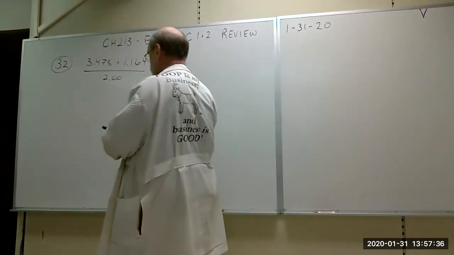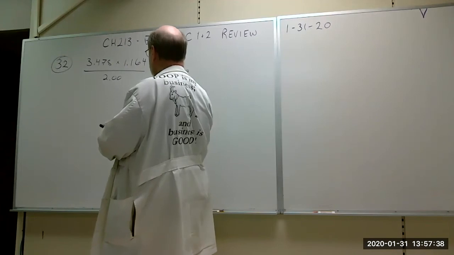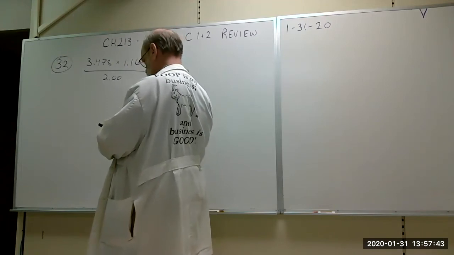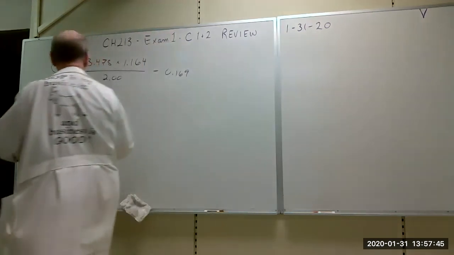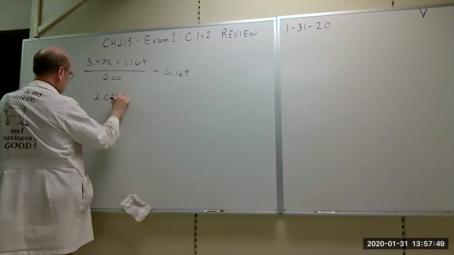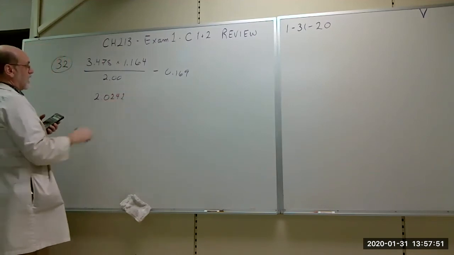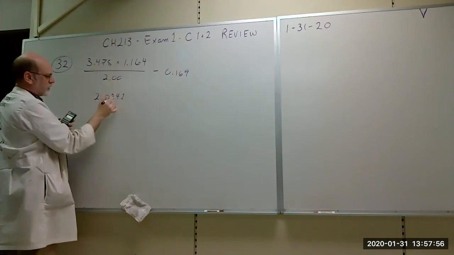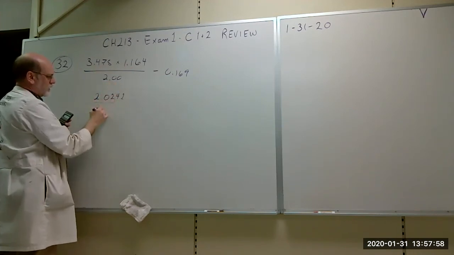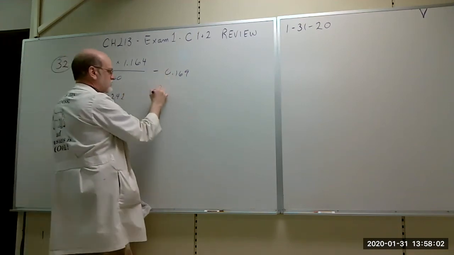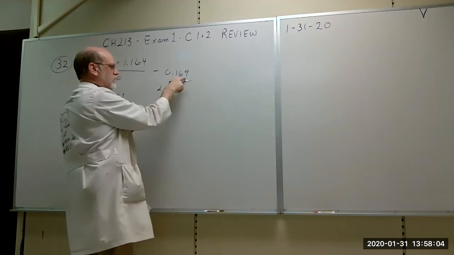So let's see, 3.478 times 1.164 divided by 2. So this one comes out as 2.0242. And we've got 3 significant, 4, and 4, so we're limited to 3, right? So this is going to be 2.02. So now we take 2.02 and subtract 0.169.